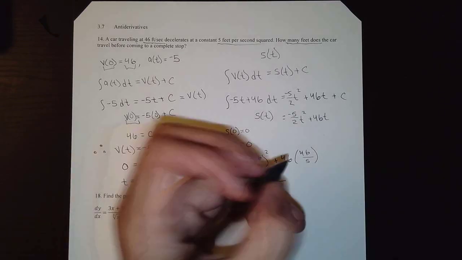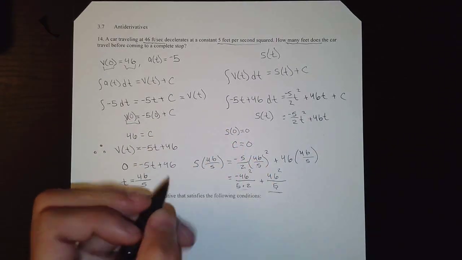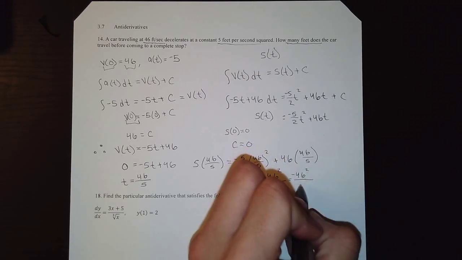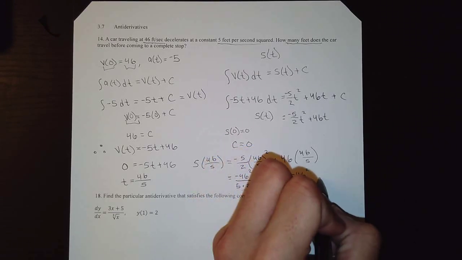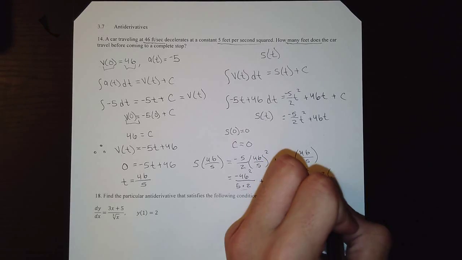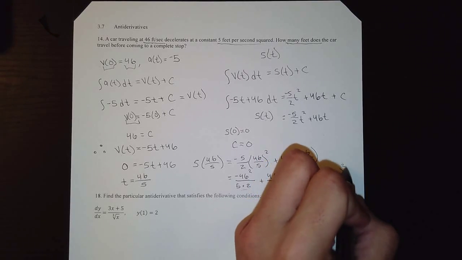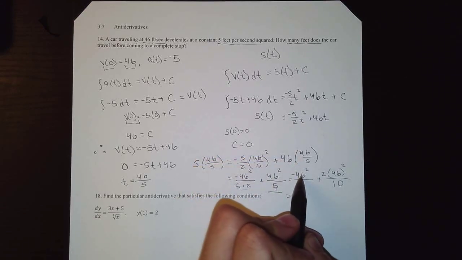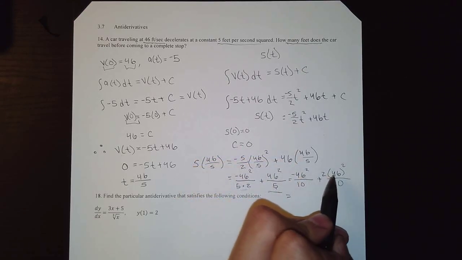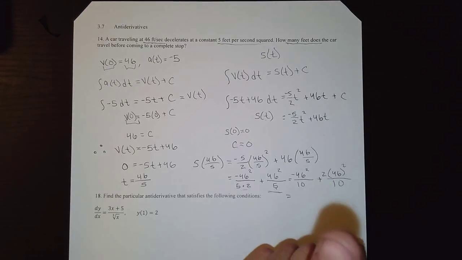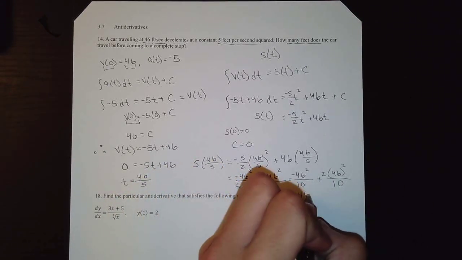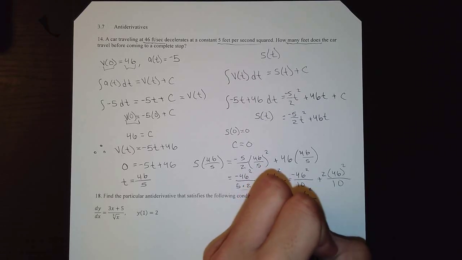Well, if we multiply top and bottom by 2, we would get negative 46 squared over 10 plus 2 times 46 squared over 10. Well, if you have negative 1 of something and then you add 2 of that, you're just left with 1 of that thing. So we're just left with 46 squared over 10.